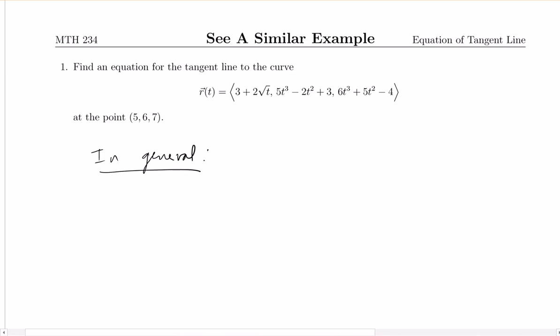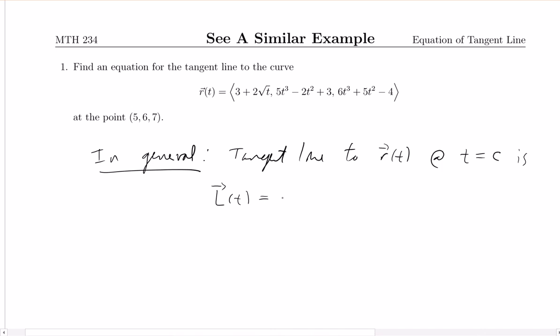So in general, the tangent line to a curve given by the vector function r of t at the point where t equals some constant c can be parametrized as, let's call it L of t, L for line, I guess.